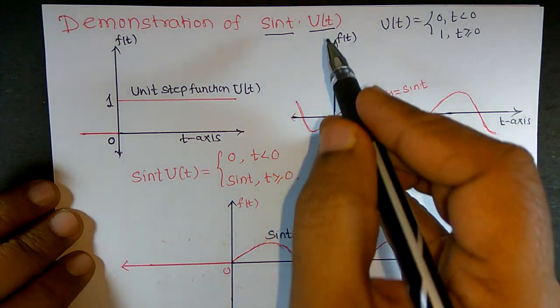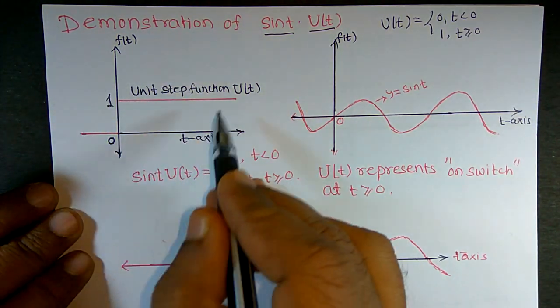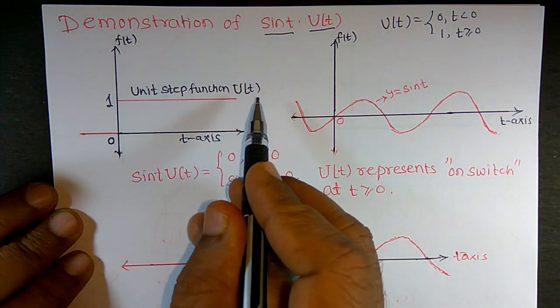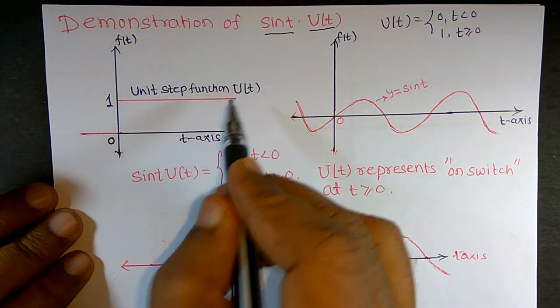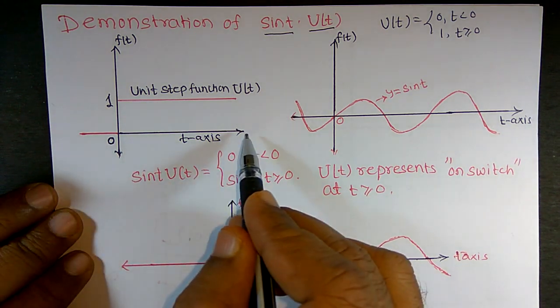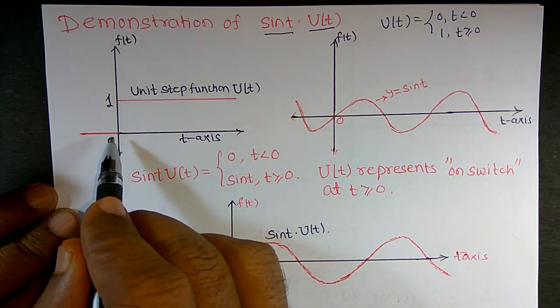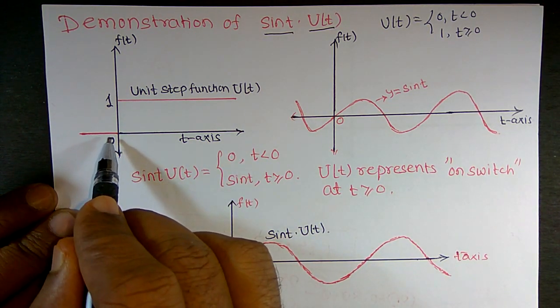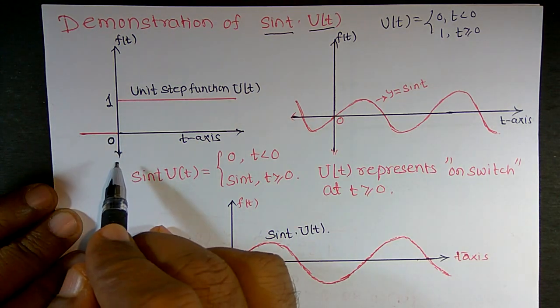Okay, now we can see one by one. We are already familiar with this graph. It is a unit step function. When t is less than 0, you will get the points or values on the t-axis. If t is strictly less than 0, what we are observing is a red line, right?